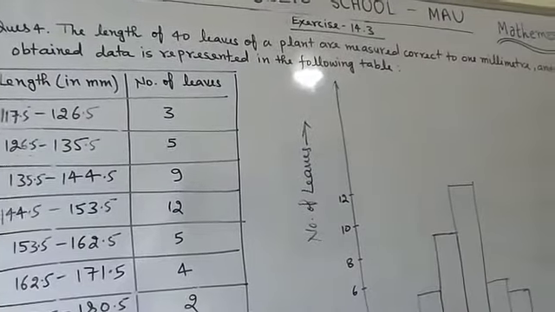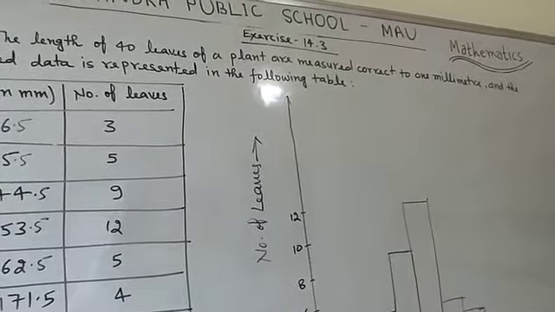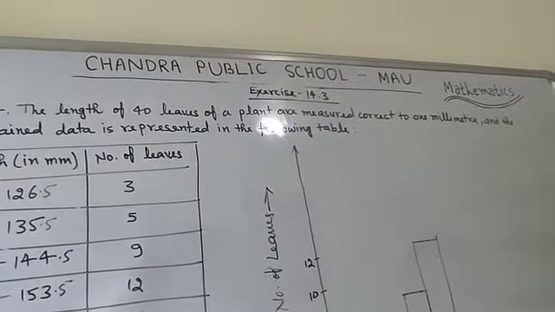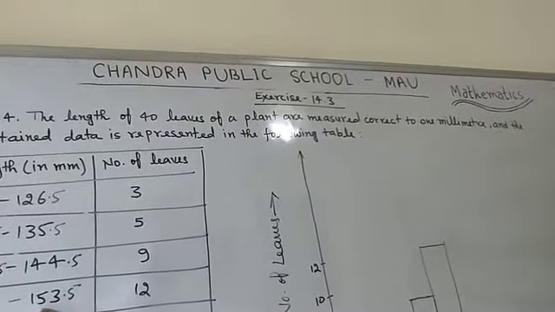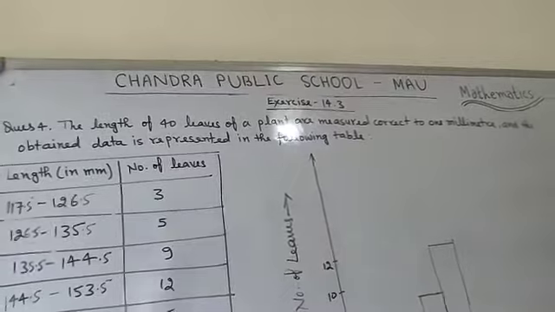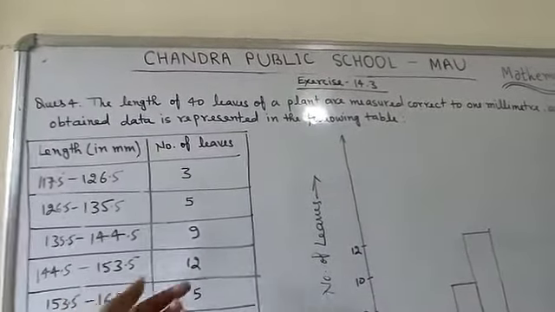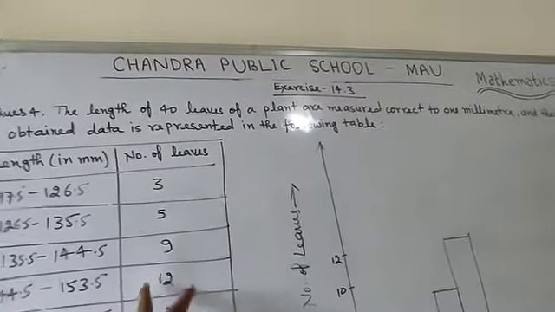Now it is asked whether it is correct to conclude that the maximum number of leaves are 153 millimeter long. It is asked whether that table indicates that maximum leaves have the length 153 millimeter. So that is wrong. You can't say what is the exact length of each and every leaf. That is given as a range. Range means 144 to 153 millimeter, 12 leaves are there.